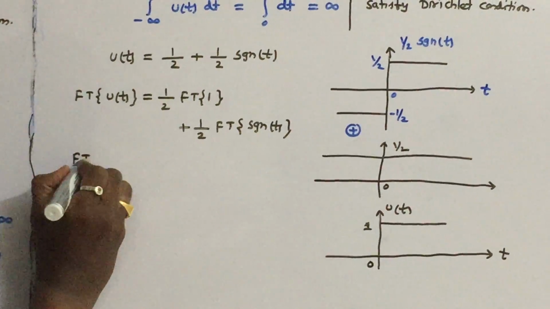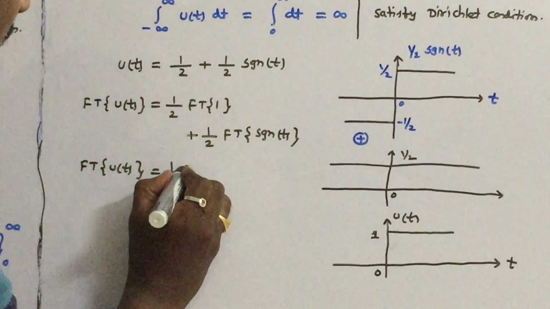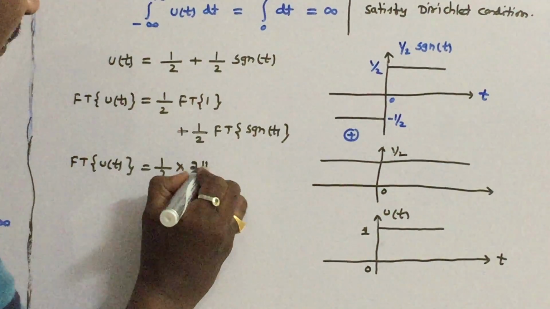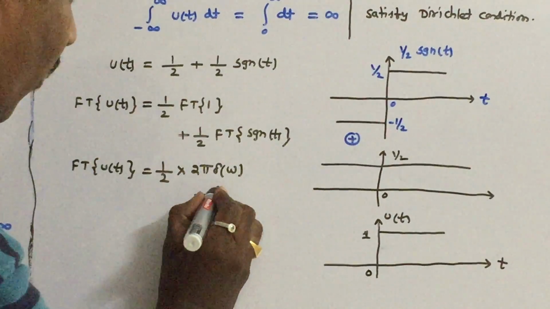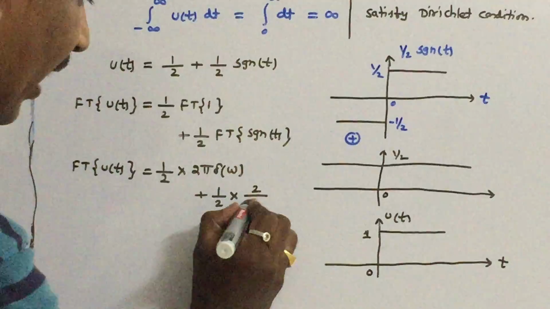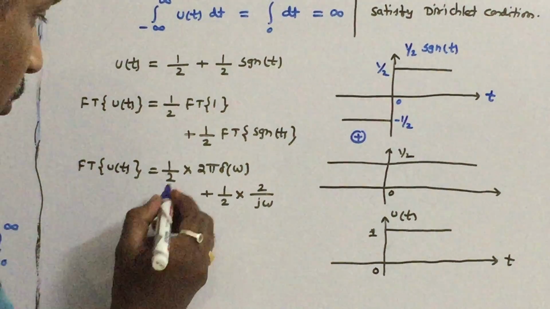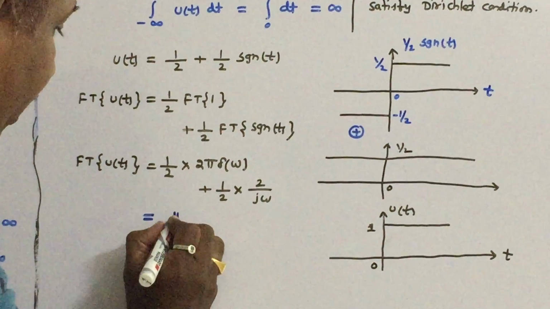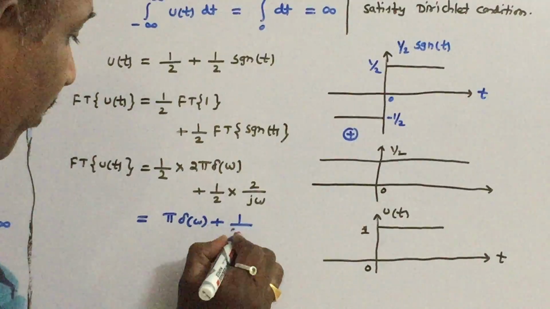So the Fourier transform of u of t is 1 by 2 into the Fourier transform of 1, a very important formula, 2 pi into delta of omega, plus 1 by 2 into the Fourier transform of signum of t, which we just calculated as 2 by j omega. So 2 gets cancelled, pi into delta of omega, and here 2 gets cancelled, 1 by j omega.